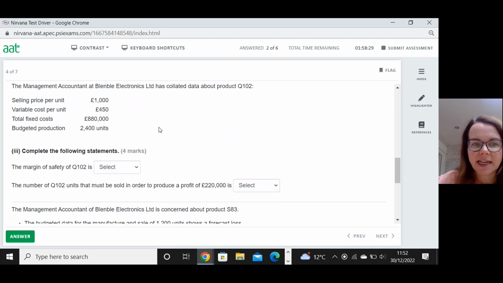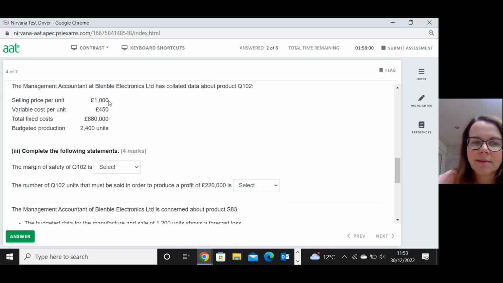So margin of safety is the difference between my budgeted number of units and my break-even number of units. So my starting point here is to work out my break-even units. To work out break-even units, I take the fixed cost, £880,000, and I divide that by my contribution per unit.